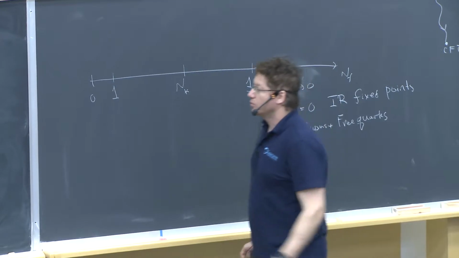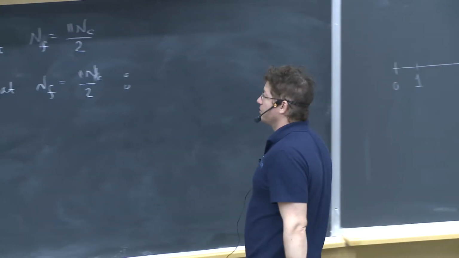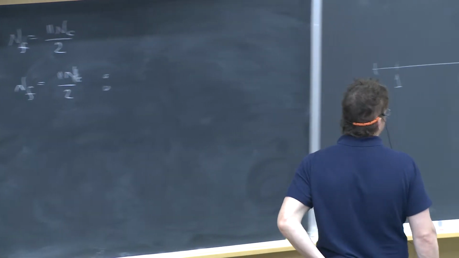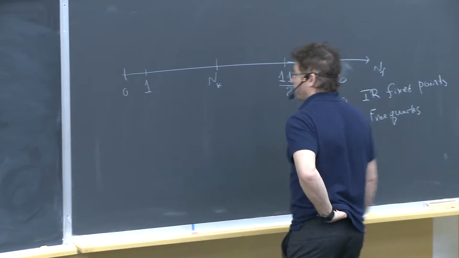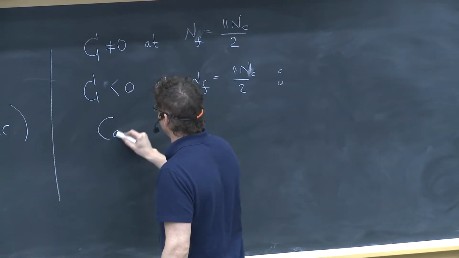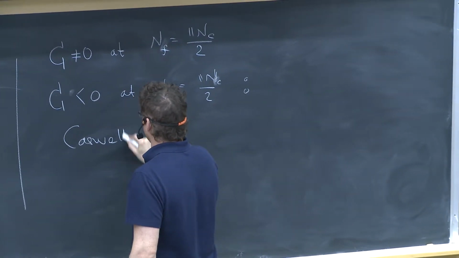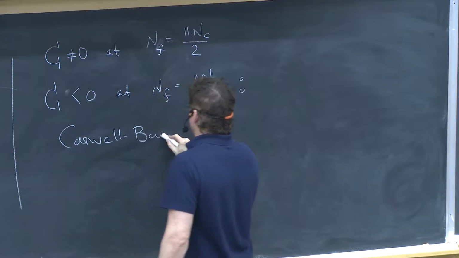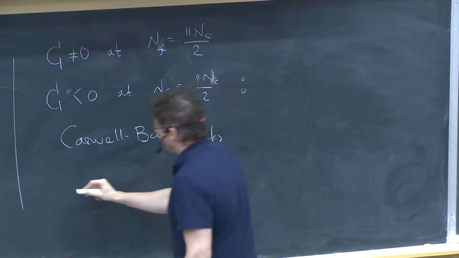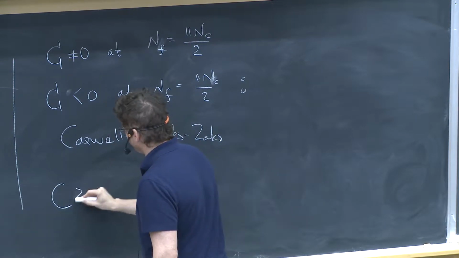Okay, so let me try to write the scenario of this case carefully. It's actually not so trivial. So this idea goes back to Caswell, and then Banks and Zaks. And we'll have a separate discussion about c bigger than 0.